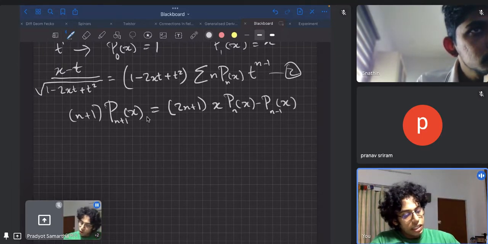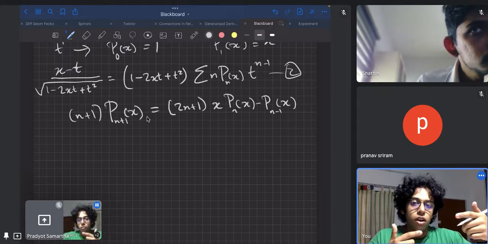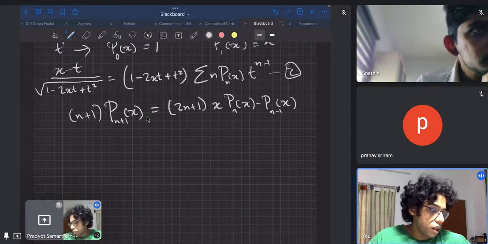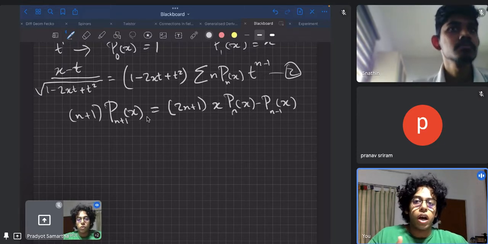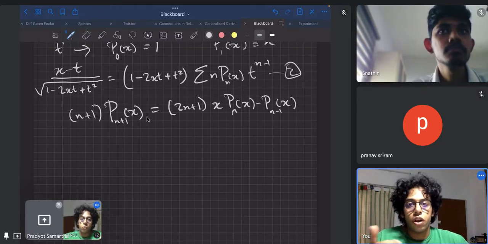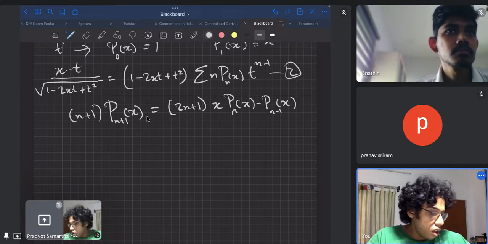So you can find the n plus 1 term in terms of the Pn term and the n minus 1 term. So you have a generator for the polynomial; this is basically how you generate the polynomial.